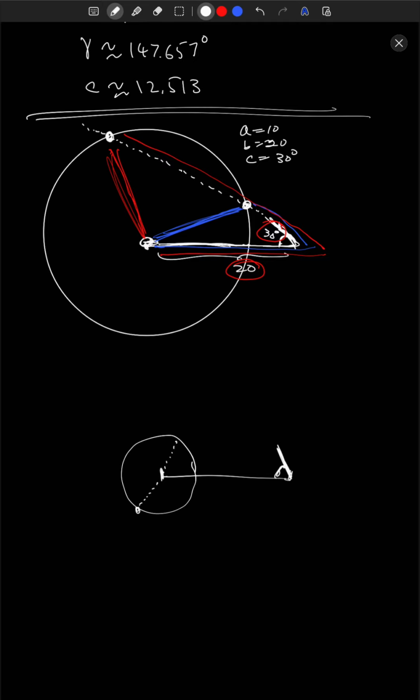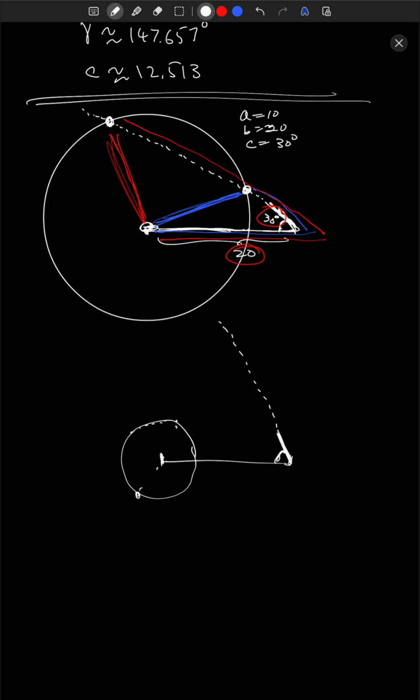Now this one has no triangle corresponding to it, because if I were to extend this, it would never touch the circle, but we already know for a fact that the last vertex of my triangle has to live on this circle. So there's no triangle that can be created out of this dotted line intersecting that circle, because they don't actually touch at all.